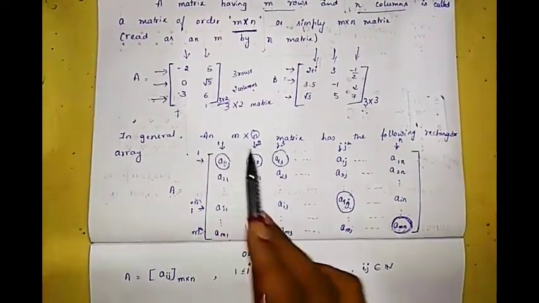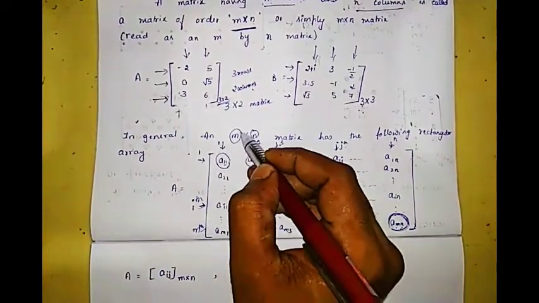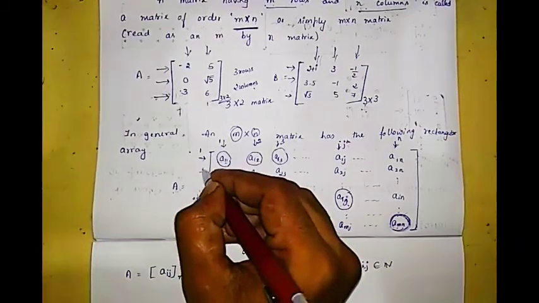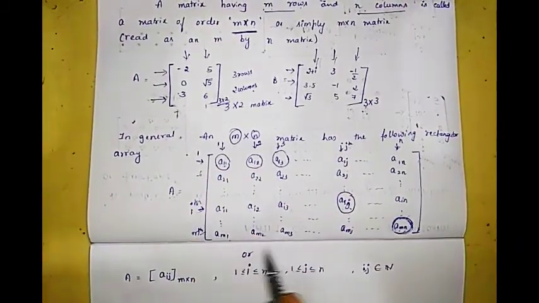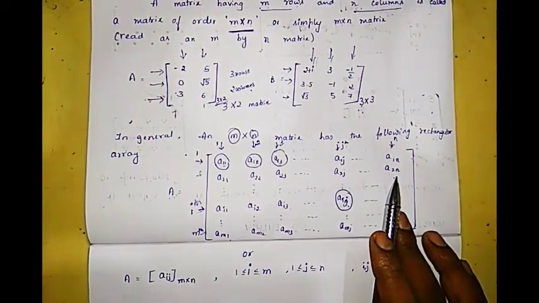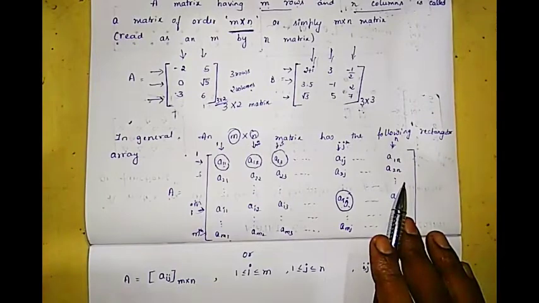Because a matrix which has m rows and n columns, 1, 2, 3 up to m, should contain m rows and n columns. m and n are any natural numbers.